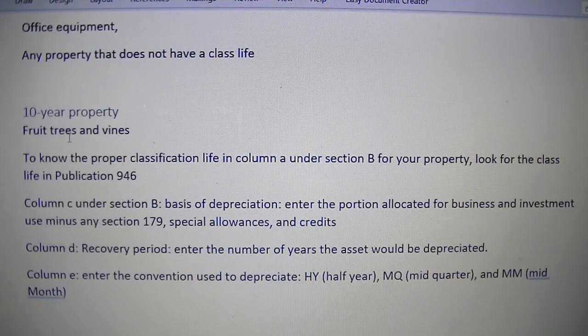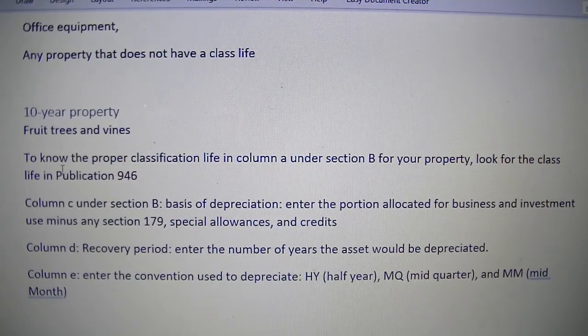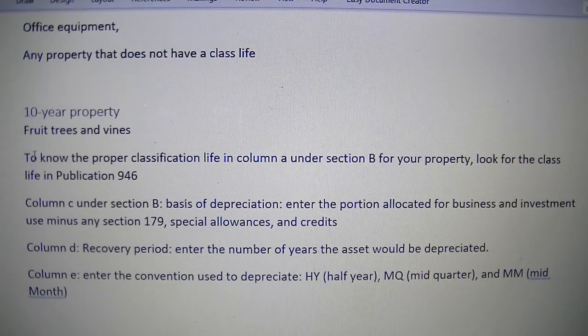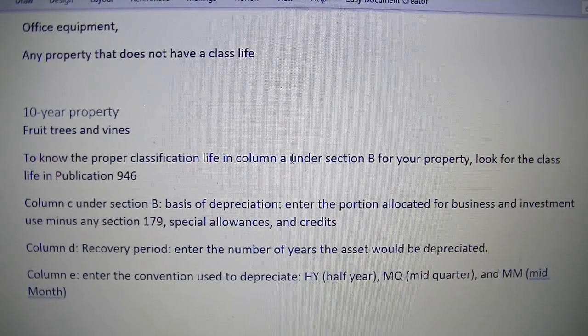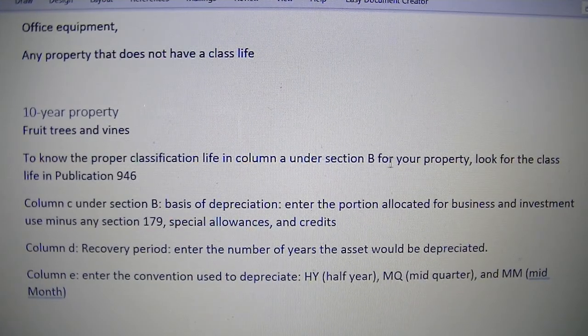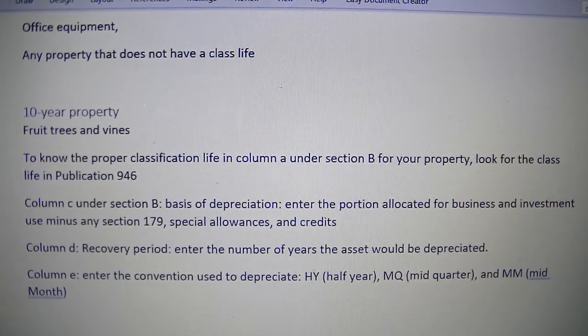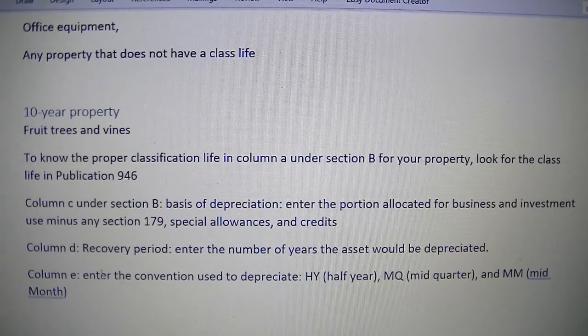So for 10-year property, you have fruit trees and vines, and to know the property classification life in column A under section B for your property, you might want to look for the class life in the publication.